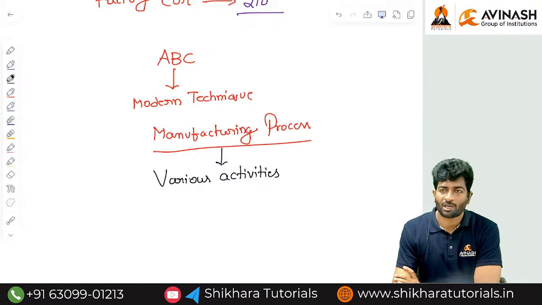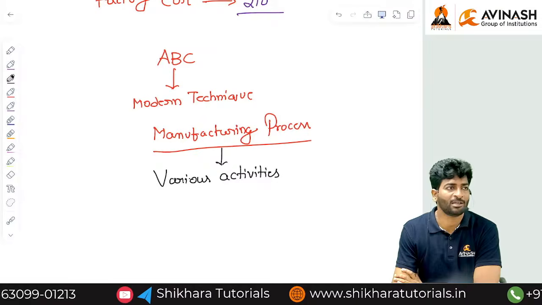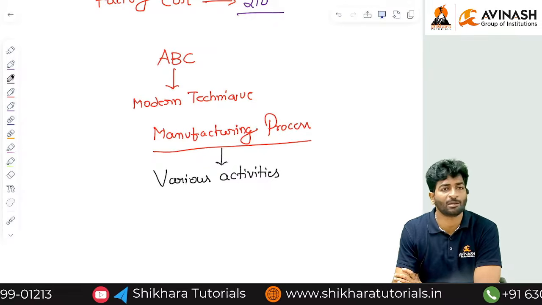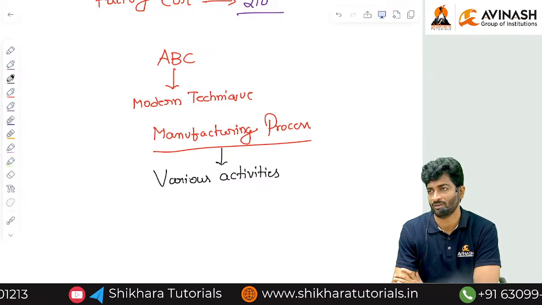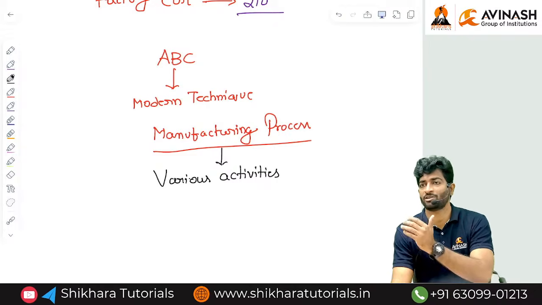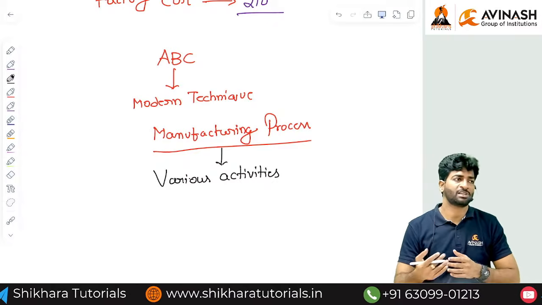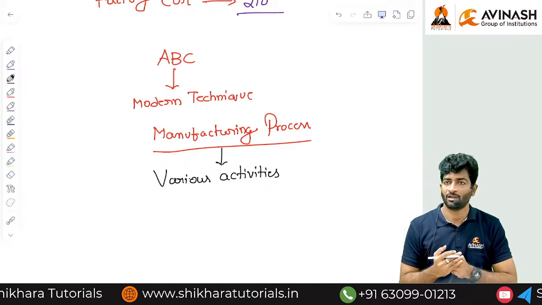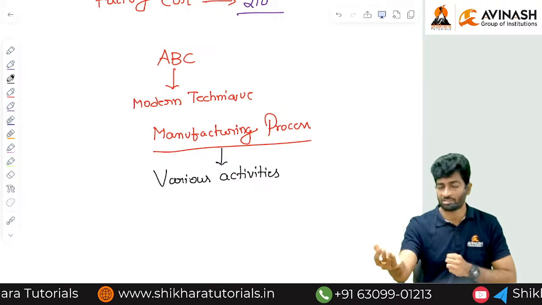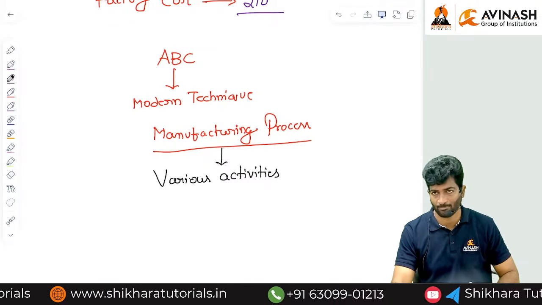If I have 3 departments, one department is taking 5 inspections, another is taking 3 inspections, another is taking 2 inspections. Now this expense is based on the number of inspections. Of the total inspection cost incurred by the factory, 5 proportions relate to the first department, 3 proportions to the second, and 2 proportions to the third.